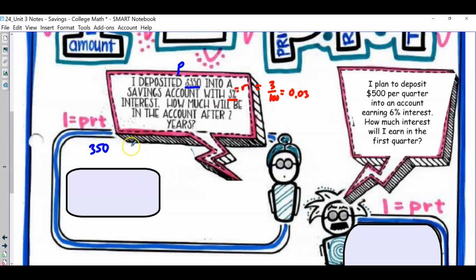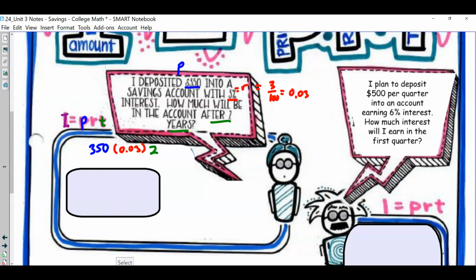So that's the rate I'm going to use, the 0.03. And then time, how much time did she say? She said after 2 years. So I'm going to put that as 2. So if I'm looking at this, my T is going to be green. My principal here, I do blue. And then we're calculating the interest, and that's the total.